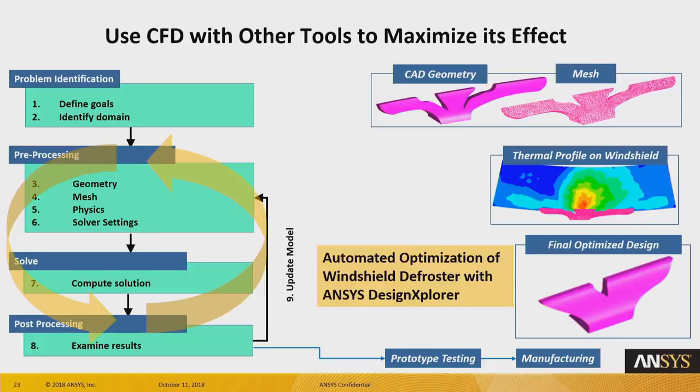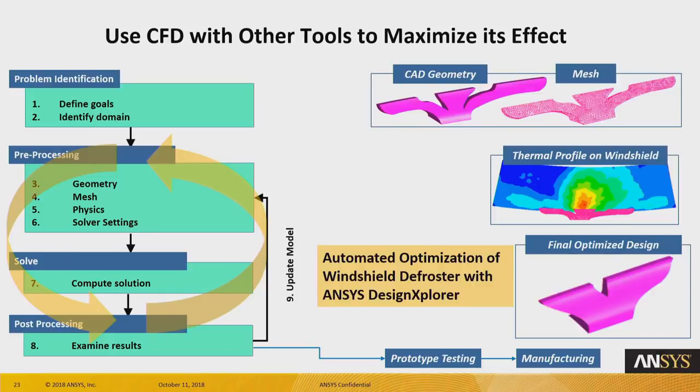So we want to find a very accurate result, very accurate solution of the heat transfer distribution across the windshield, and also how quickly the ice is going to melt. This will give us the idea about the performance about one single design.